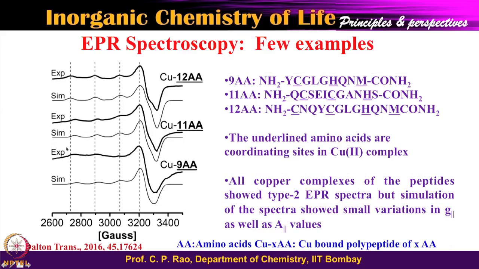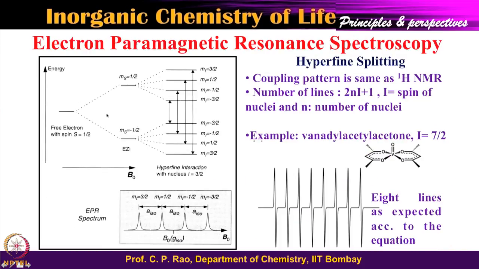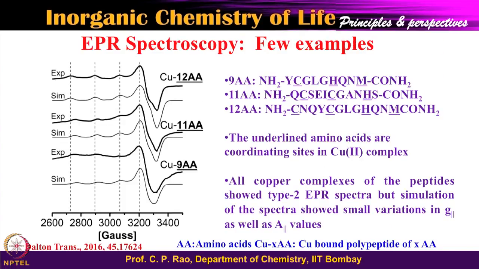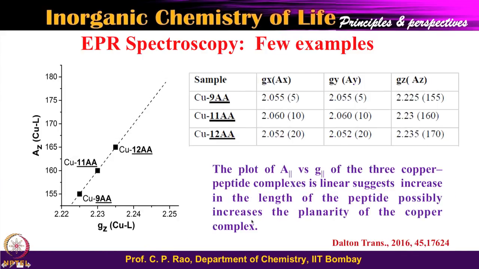Let us just for a while look at these ones, and the distance between these ones is the coupling values. So, as you can see from here to here, here to here, here to here, similarly here. These are the coupling values, which are referred to as the A values. So, A is the hyperfine coupling, and this is the position of the peak, the G. So, the A to G correlation you see so nicely connected by a straight line.